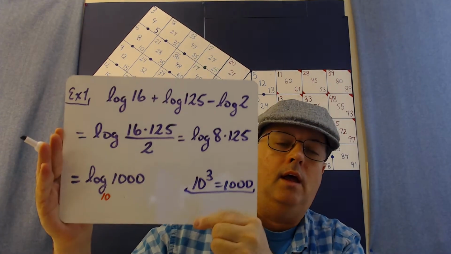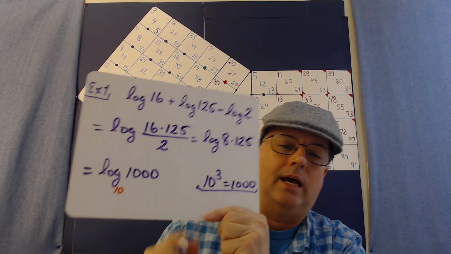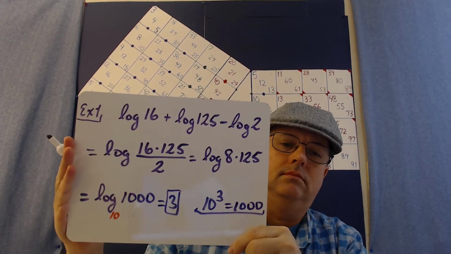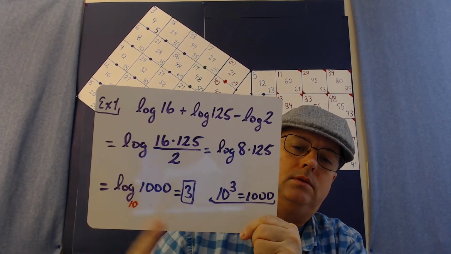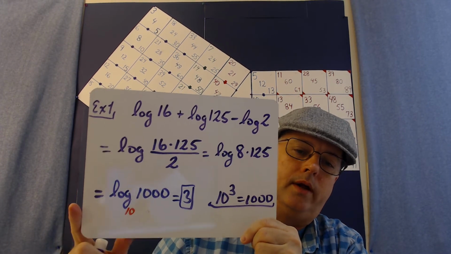And so 10 to the third is 1,000. Okay? And so therefore, log base 10 of 1,000 is 3. And we have our answer. Okay. Nice compression of logarithms to get a whole number answer.